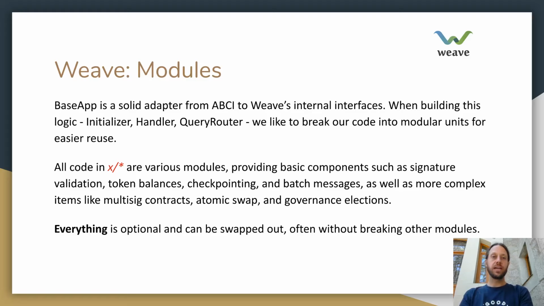You can combine them together. We have a number of helper functions which will combine many handlers together into a router. It will stack up decorators to create a handler. It will chain a bunch of initializers. It will connect a bunch of query router handlers. So we basically want to produce a lot of relatively independent modules which can run independently.